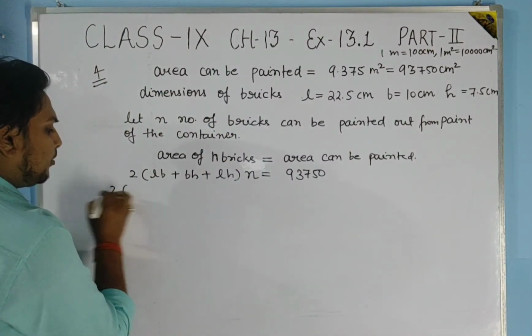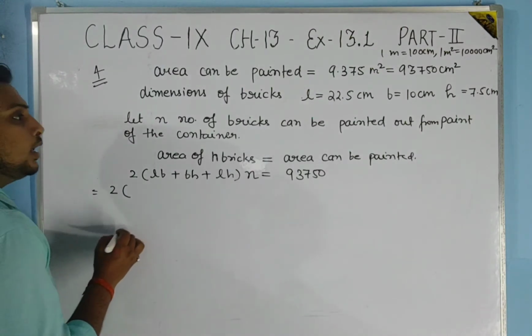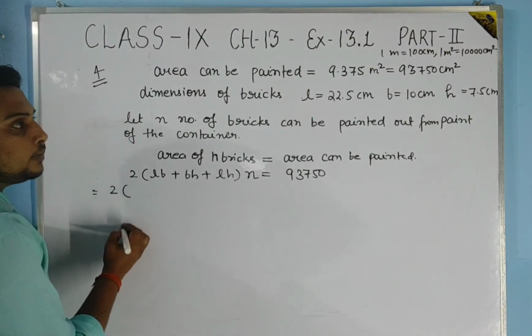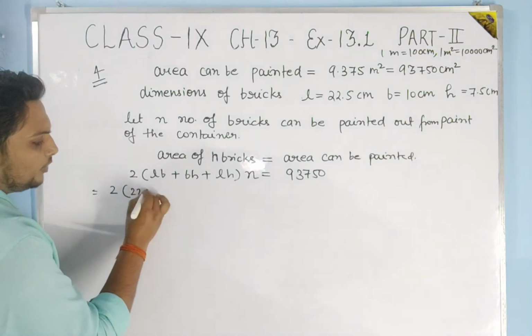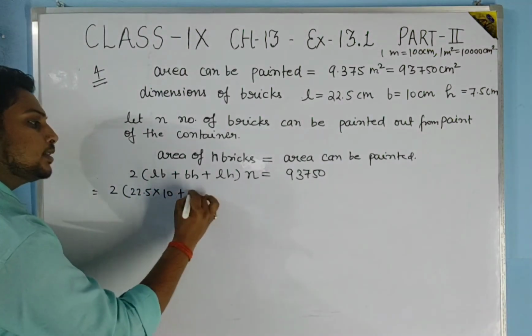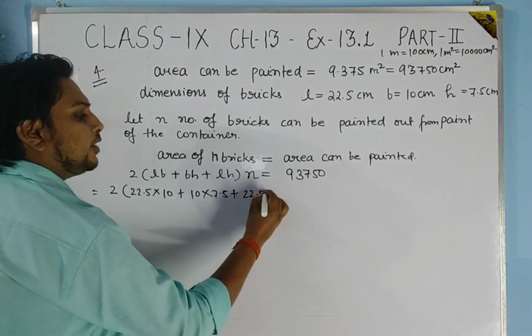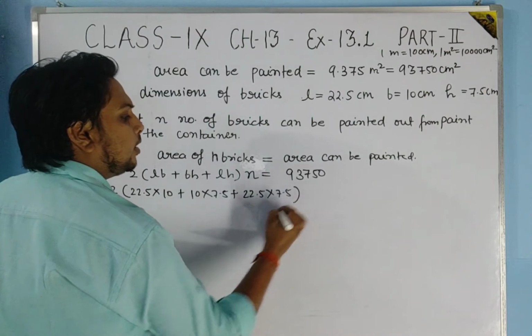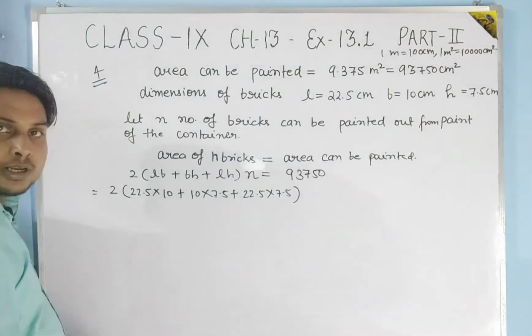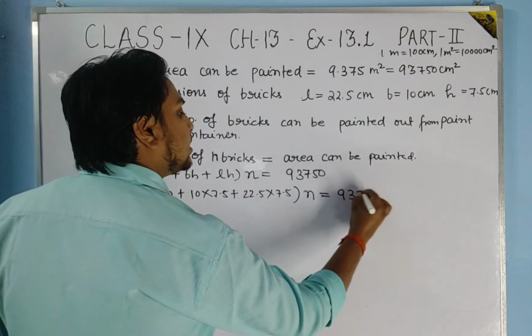Now we have to put the value and get the result. 2 into L, L is given 22.5, B is 10, plus 10 into 7.5, plus 22.5 into 7.5, and n is here, equal to 93750.